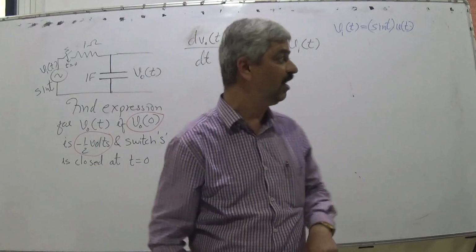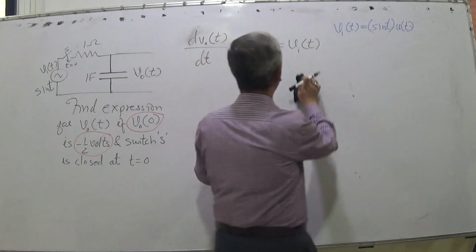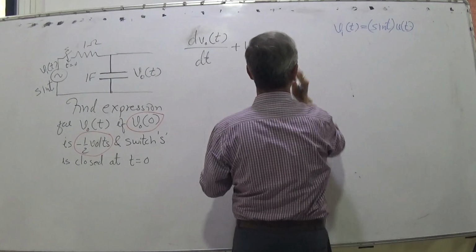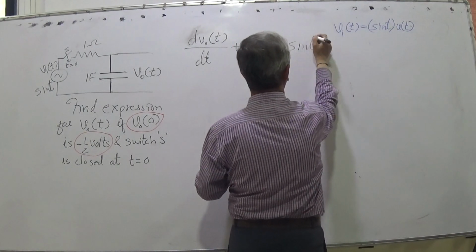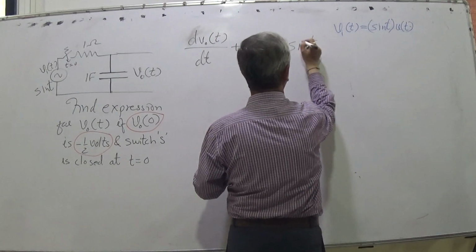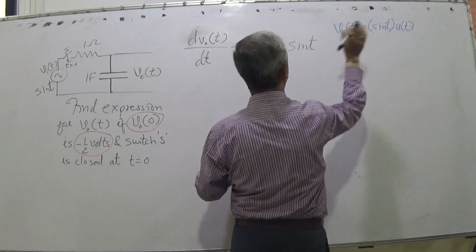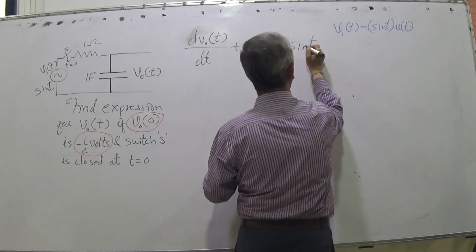Since Vin(t) is a sinusoid, the u(t) part is different, right now you don't worry about it much.